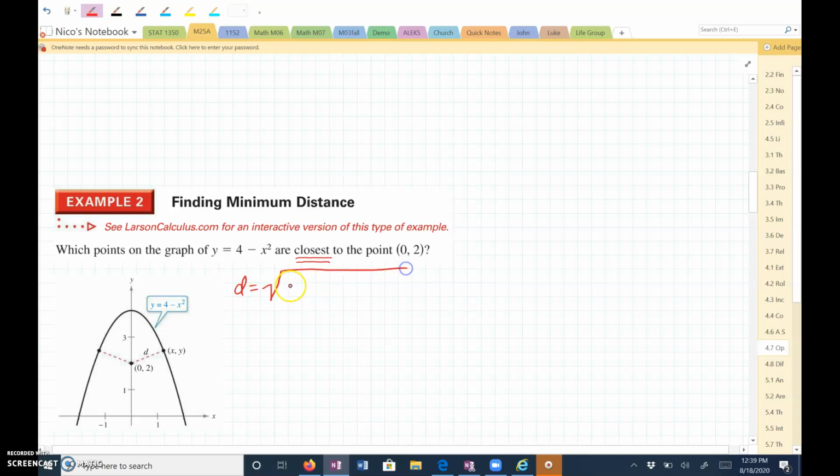And the distance formula is the square root of x1 minus x2, that quantity squared, plus y1 minus y2, that quantity squared.